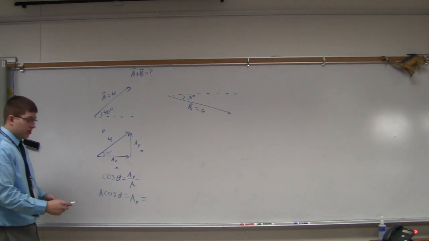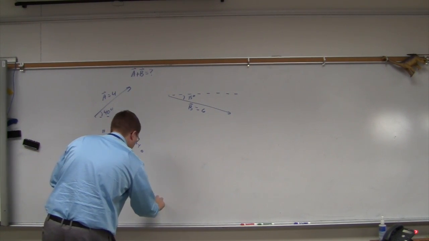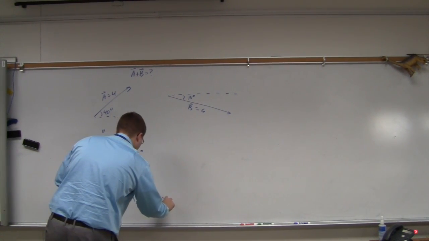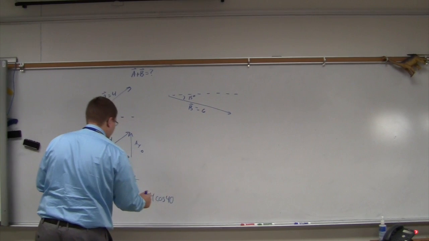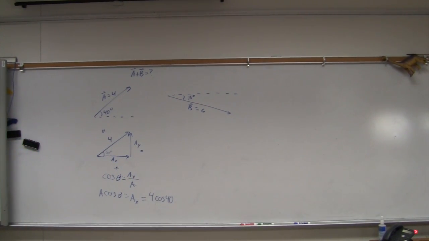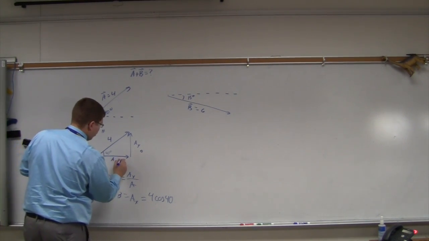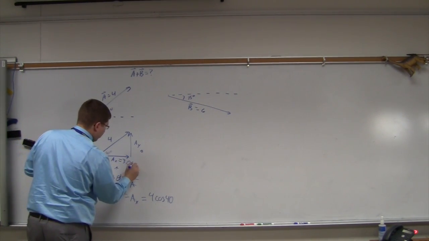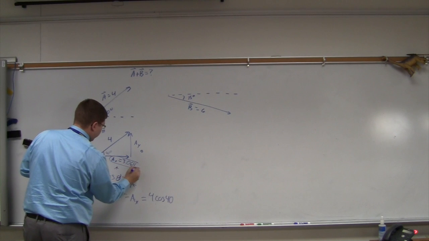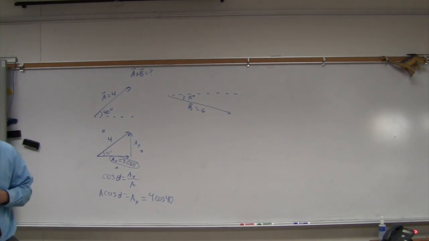Plugging in numbers, you get 4 cosine 40, and when you put that into your calculator, you should get 3.064 for the magnitude of AX.